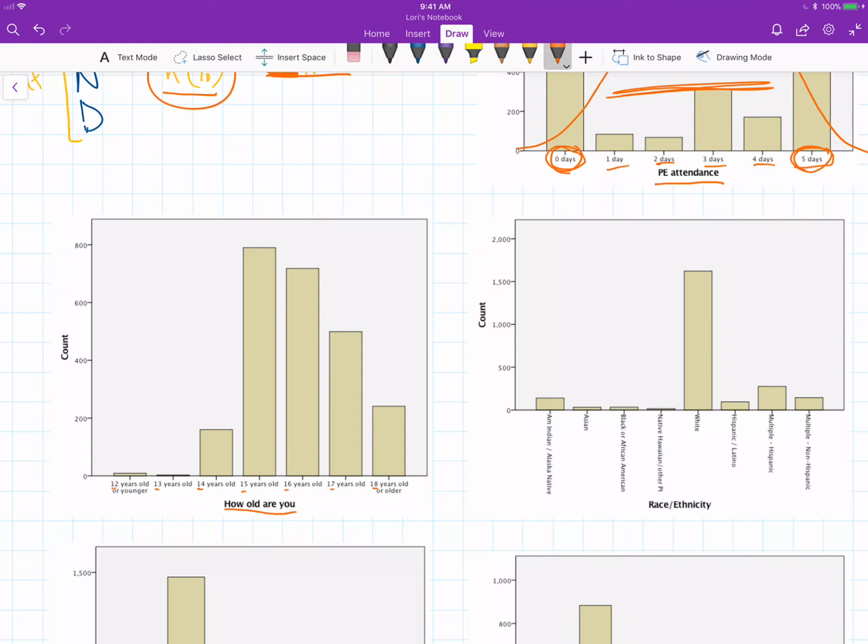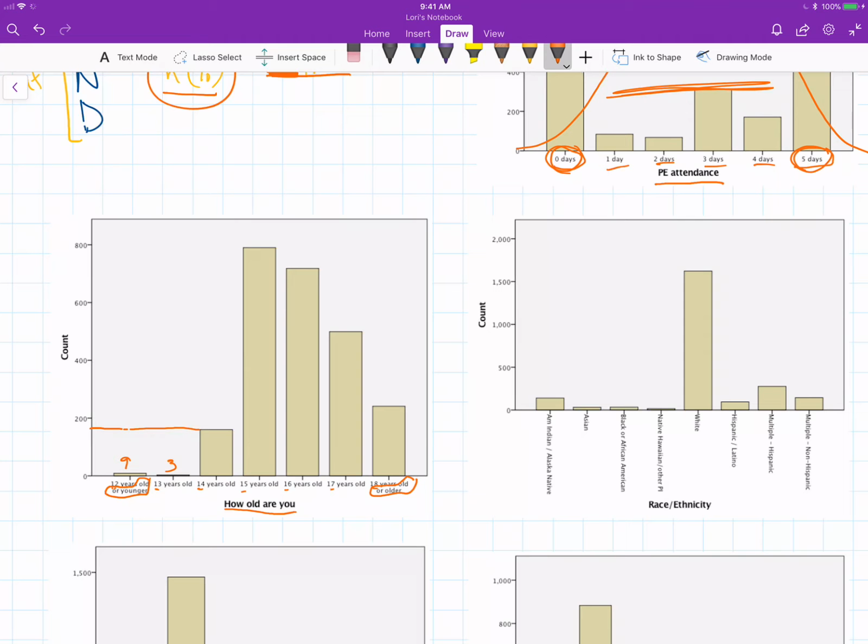However, the problem we ended up with is that we have "years or older," so this could include 19-year-olds, or if for some reason somebody extended high school all the way up to 20, and this bottom category is 12 years or younger. Now if you look at the actual frequencies, I think this is 9 and this is 3, and then we get to more real numbers, somewhere around 180 or something like that.